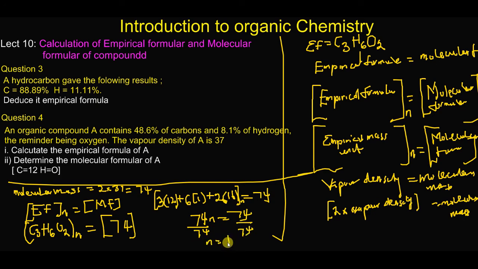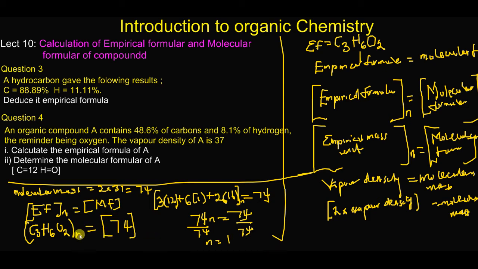So it means that the empirical formula and the molecular formula are linked by a common factor of 1. That means that, in this case, the empirical formula is the same as the molecular formula.